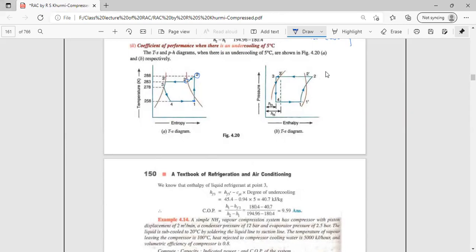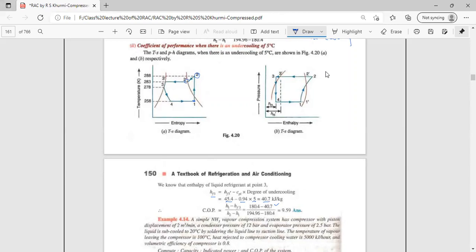This is giving us 0.94 multiplied by the 5 degree undercooling, and the enthalpy at 3 dash is the enthalpy of the liquid state at high temperature. So we have got the enthalpy here as 40.7, which is equal to HF3. We put the value of HF3 as 40.7, and we put the other values H1 and H2 as already calculated.